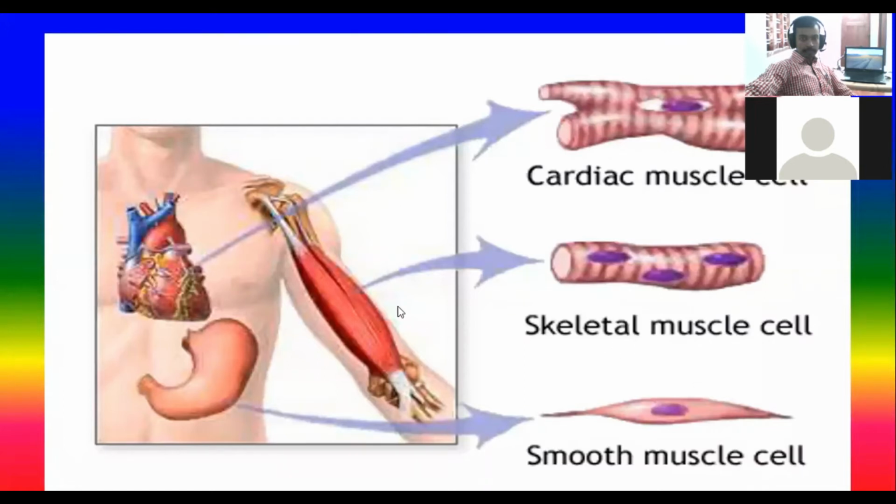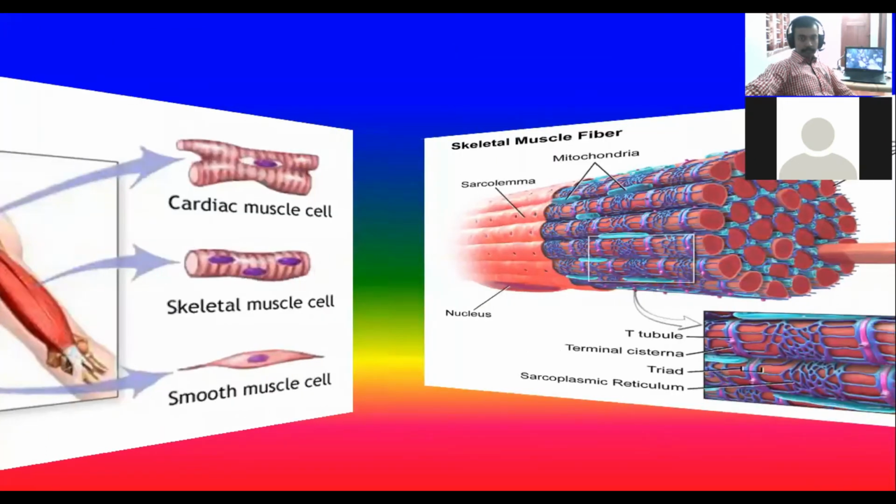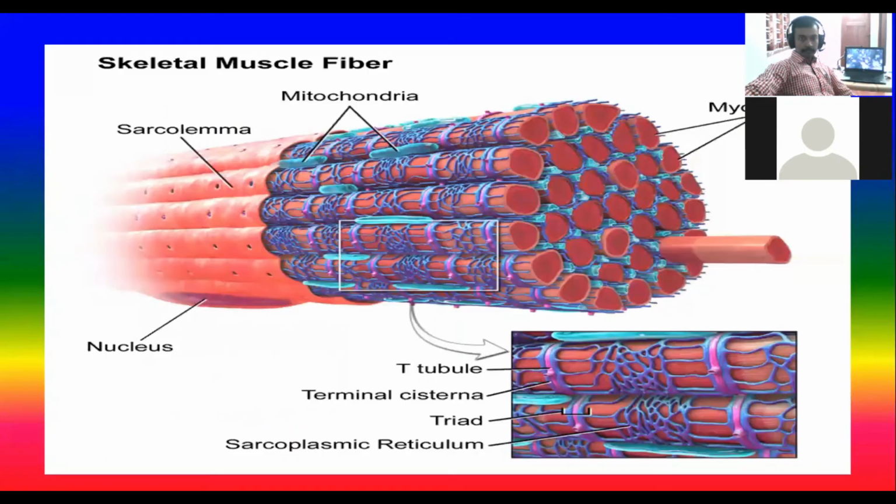Then skeletal muscle, look at this, is attached to bone, the skeleton. Then smooth muscle we can see in the stomach, intestine, and other organs. So, clear? So this is the muscle fiber.